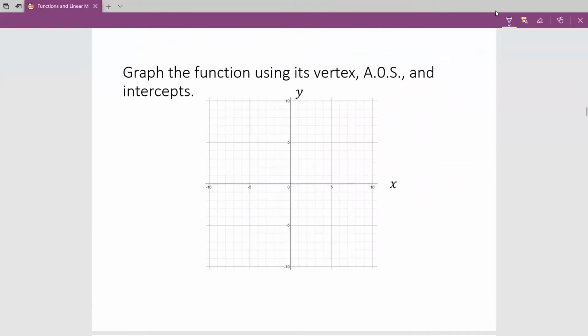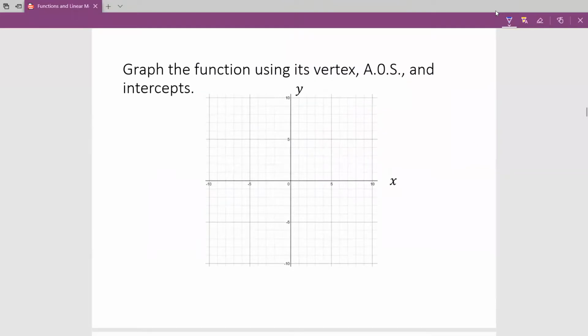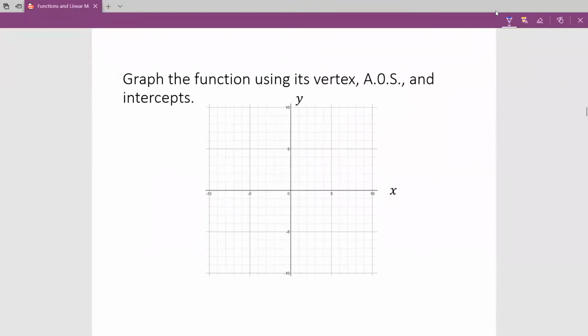So let's graph this. The vertex is minus 2, minus 1. The axis of symmetry is x equals minus 2. And the x-intercepts are minus 3 and 0, and minus 1 and 0.